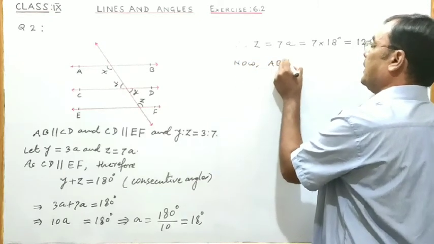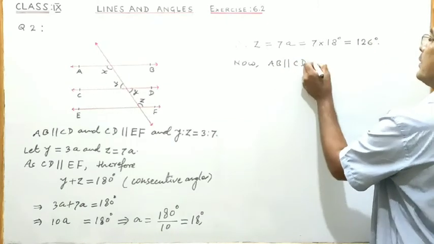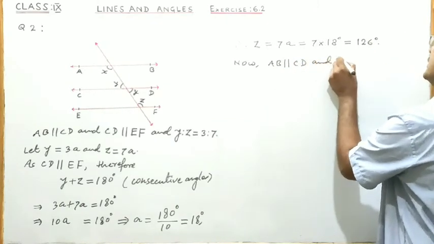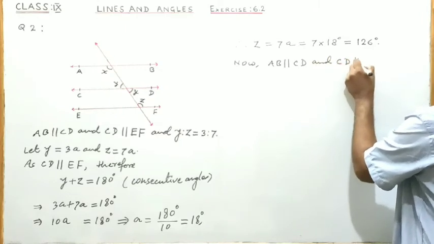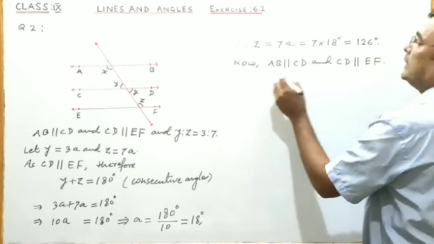Now AB is given parallel to CD and CD is parallel to EF.